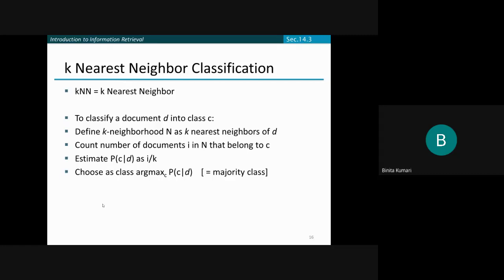So for a particular point, we take k number of its neighborhood documents, find the distance from those documents, and whichever documents have less distance from the new document, then the new document will accordingly be classified or put into that class.